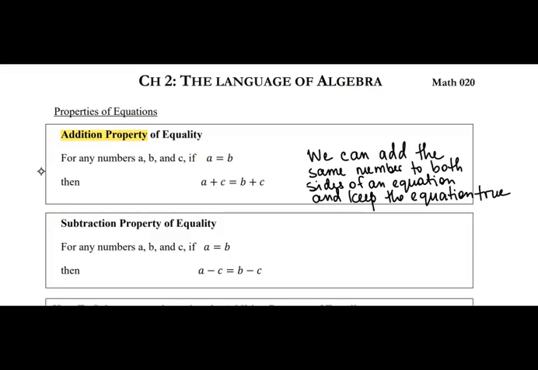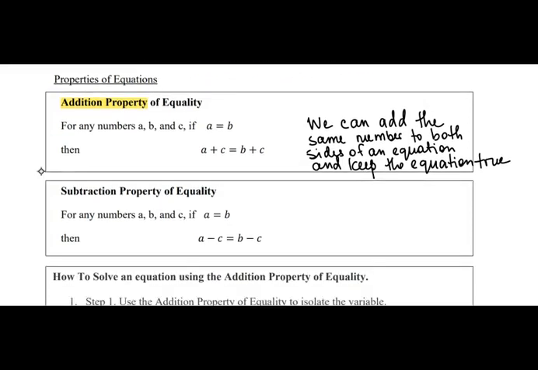All right. And then as you can probably guess, the subtraction property of equality says that if you subtract the same number from both sides of the equation, you will not change the balance of the equation. The equation will stay true.